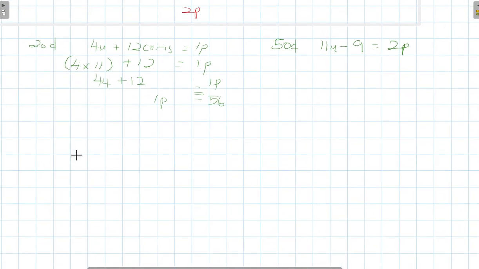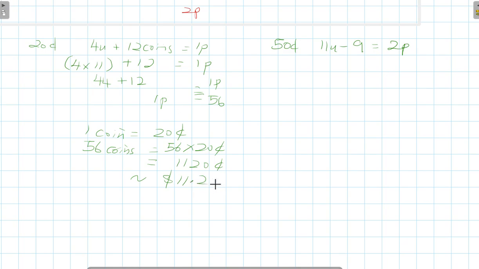If I know that 1 coin equals 20 cents, what about 56 coins? It will be 1120 cents. Okay, so it is actually equivalent to $11.20.